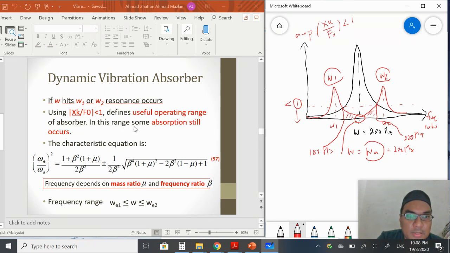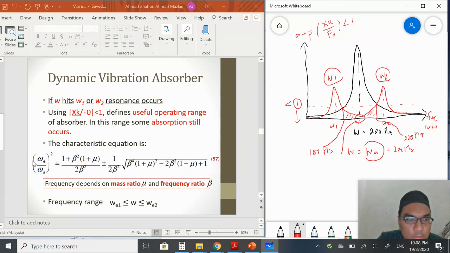In this range, absorption still occurs, even though there is a difference in the excitation frequency. So the absorption still occurs in this range. So this is the characteristic equation.